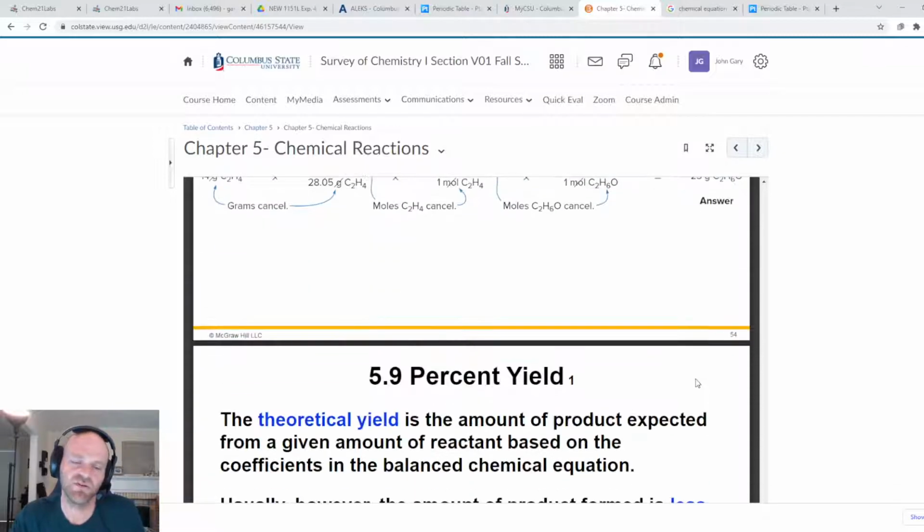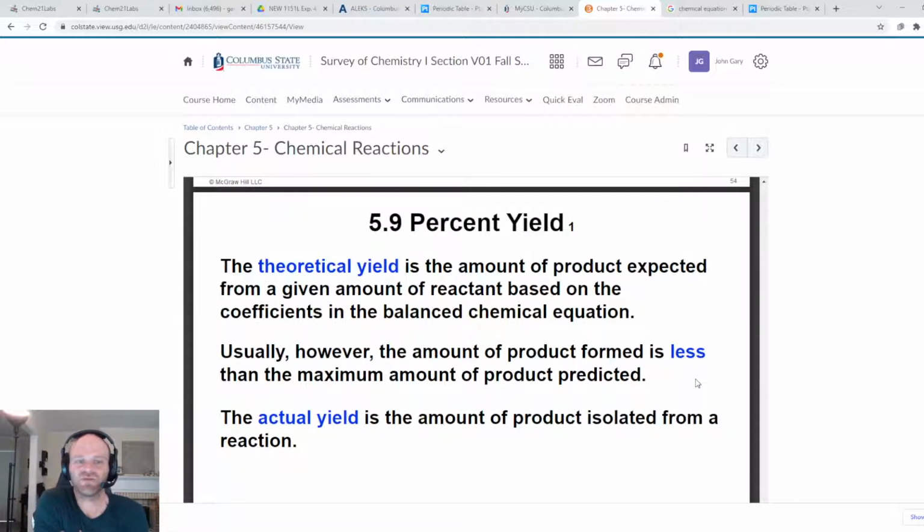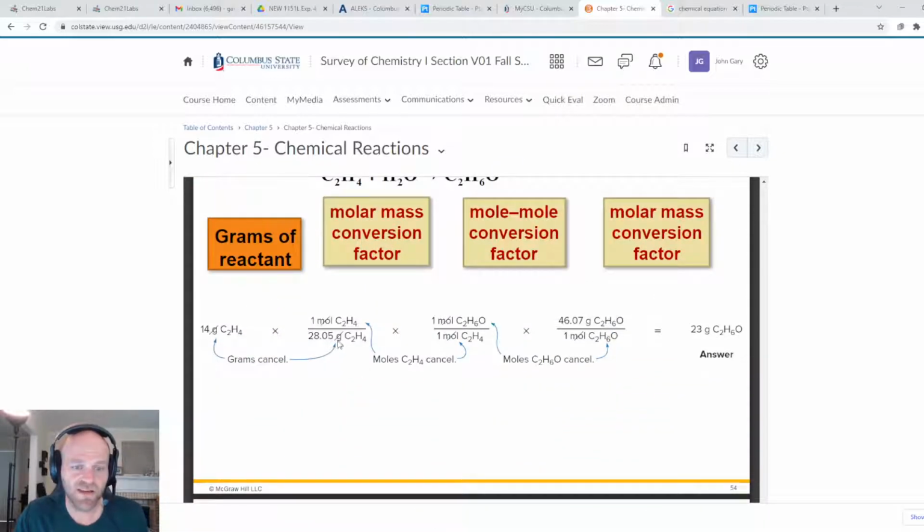And so it'll ask you about theoretical versus actual. The theoretical is if I weighed all this out in the beginning, 28.05 grams of methane, and then I did the equation on paper and figured out that I have so many moles of methane.